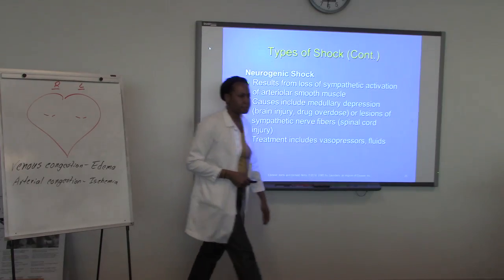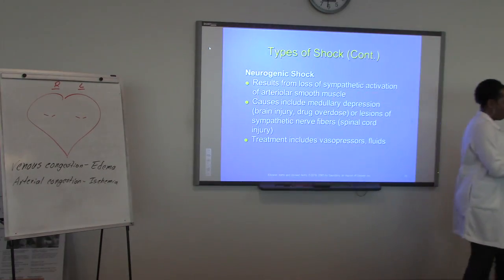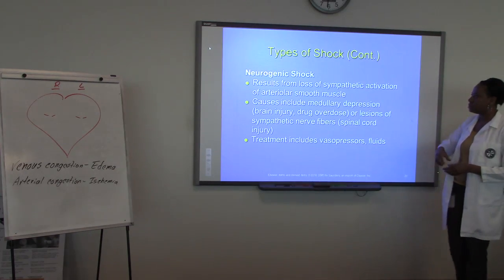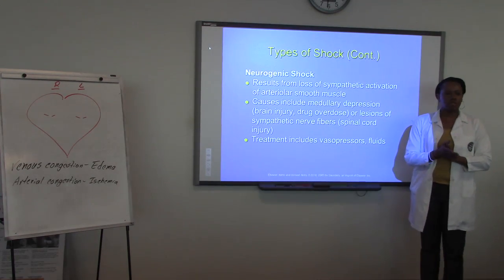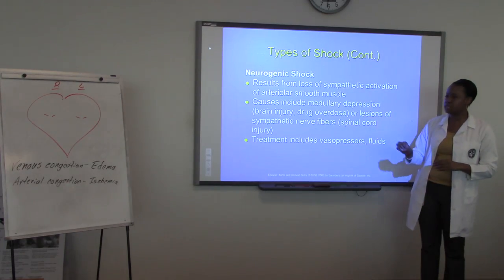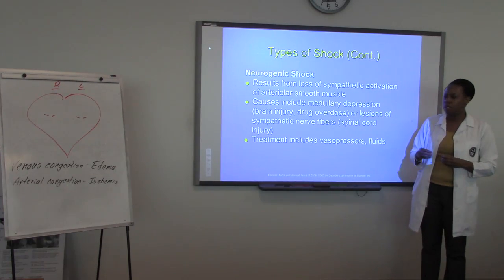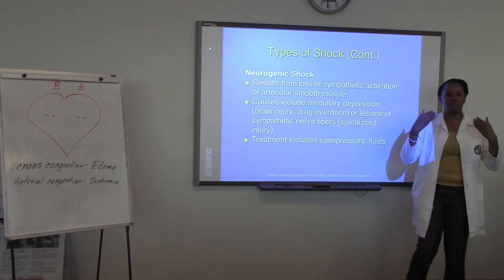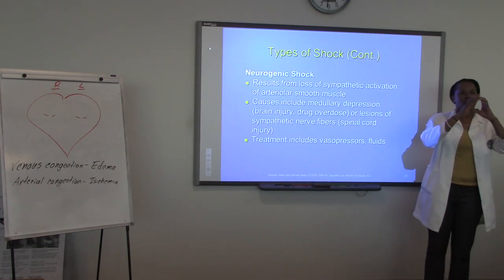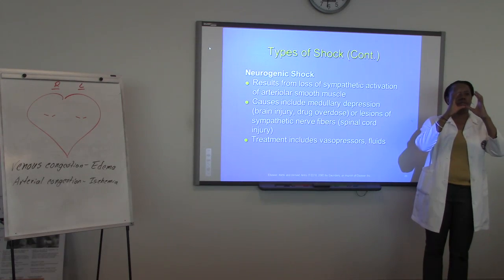Okay. So, neurogenic shock. Okay. So with neurogenic shock, this particular one is when patients lose the sympathetic activation, which means that if they lose the sympathetic nervous system activation, this will unfortunately cause the vessels to just kind of dilate.